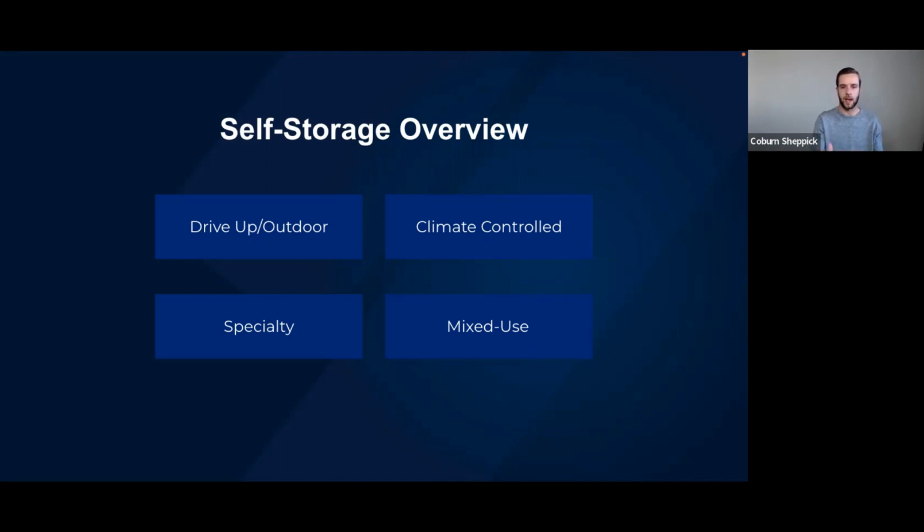And as demand for the sector has picked up, there's become definitely other types of segments within the self-storage, and that's climate controlled. So these climate controlled properties, some of the big ones, like I think CubeSmart is one of them, or that may not even be the name. U-Haul is another one.